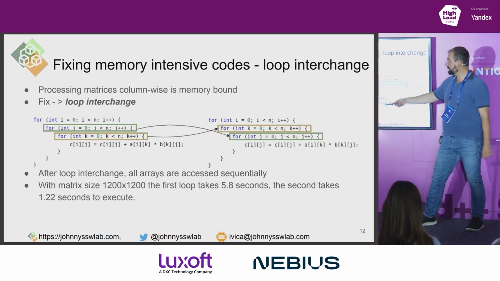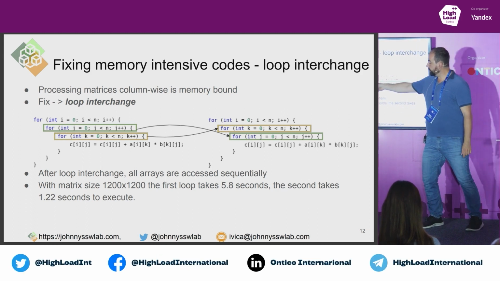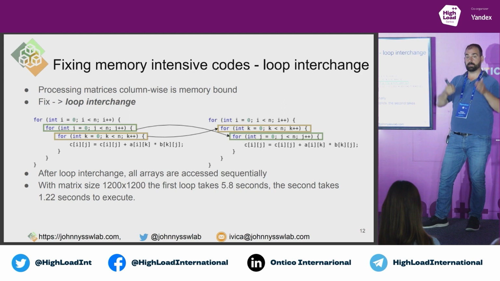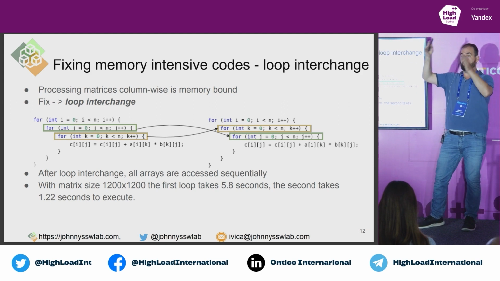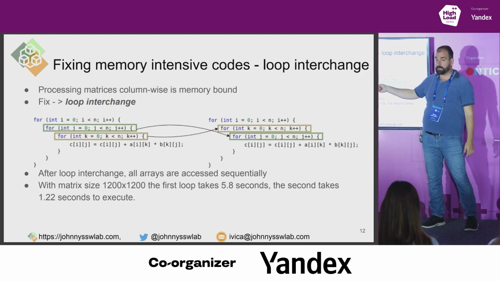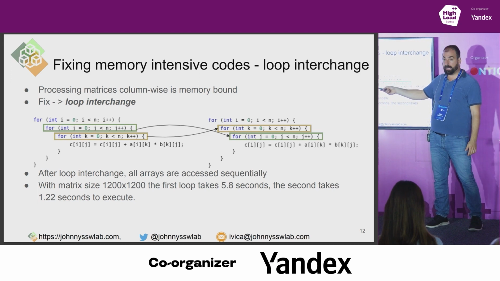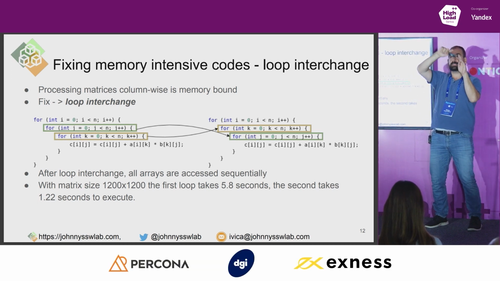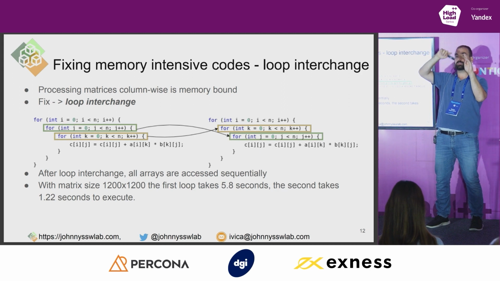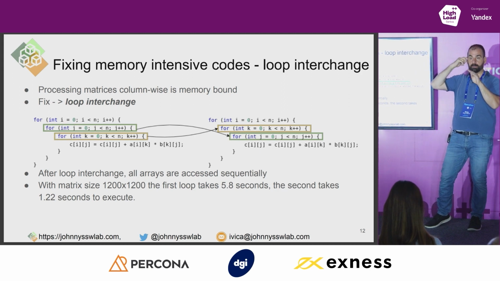The matrices are stored row-wise, so each row is one after another. When K increases by 1, A just moves to the next neighboring element in memory. It's a sequential access.